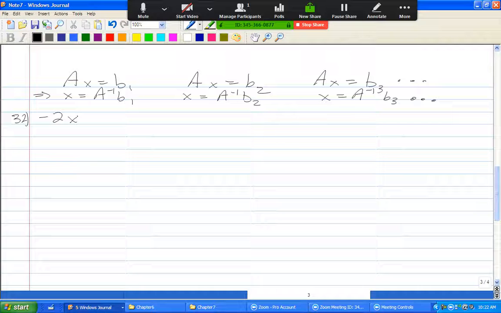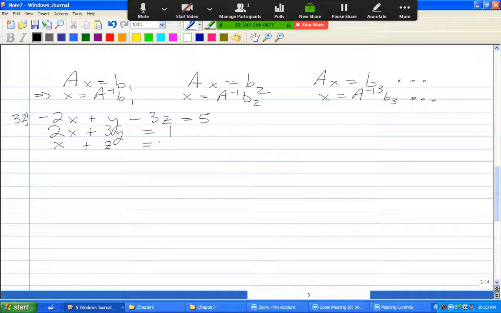Minus 2x plus y minus 3z equals 5. 2x plus 3y equals 1. X plus z equals 5.